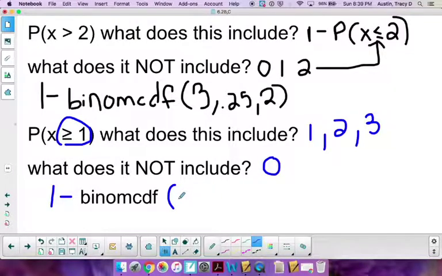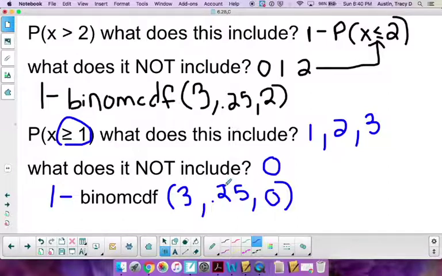So again, 3 trials, 0.25, that never changes. The only number I really want this to include, or where I want it to stop, because remember, it is counting all the way up to and including that number, is 0. So if it's a greater than or equal to, I need it to stop at 1 less than that number.